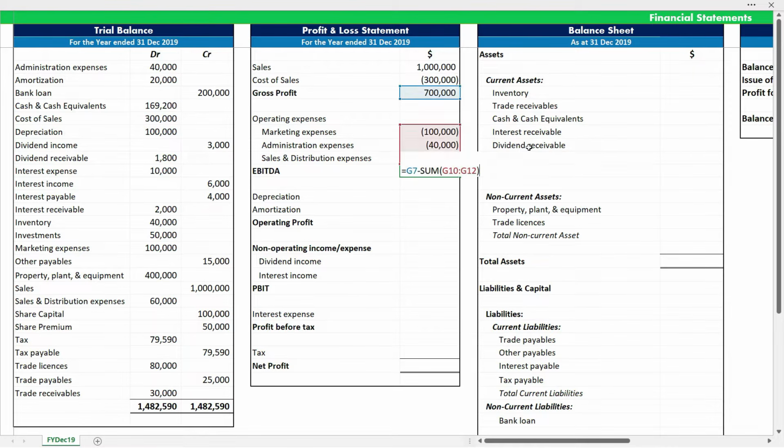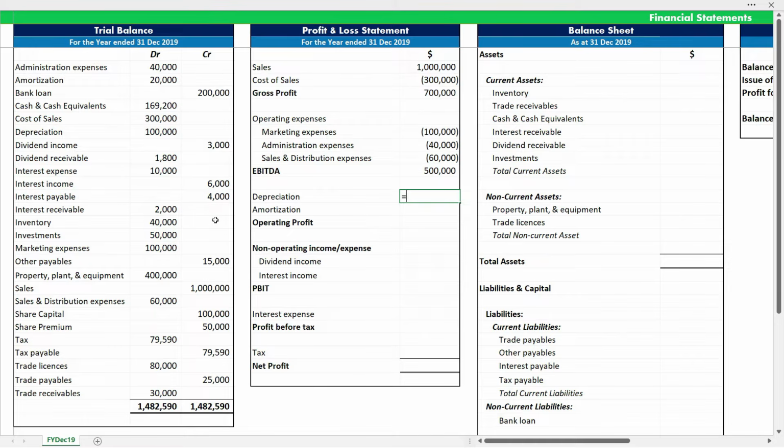Now of course I made a mistake, and that mistake was these expenses are already in negative, so I don't need to use the minus sign. So I will simply do the sum of all of these values together, and it will calculate EBITDA for me correctly.